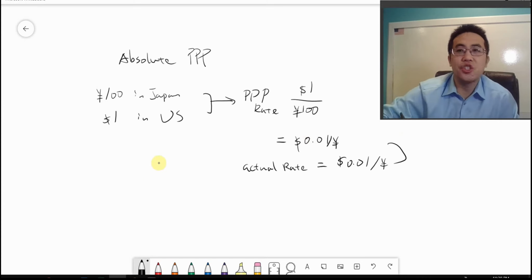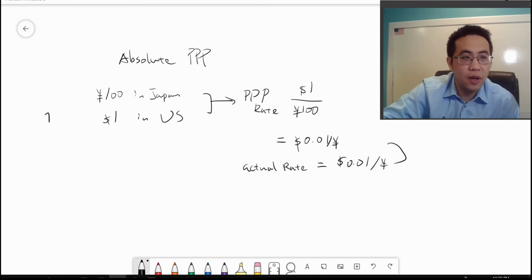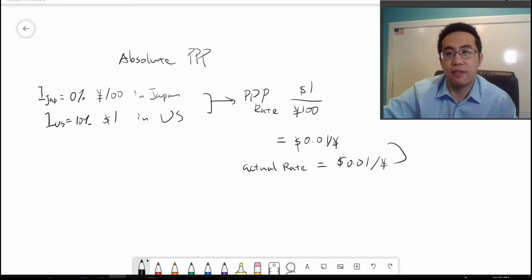What about if there's inflation involved? If the prices in the two countries change? Let's say the US has 10% inflation, okay? The US inflation is 10%, and the Japanese inflation is 0%. Okay, they had a deflation situation for like 2 decades.